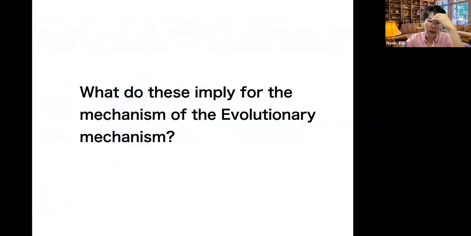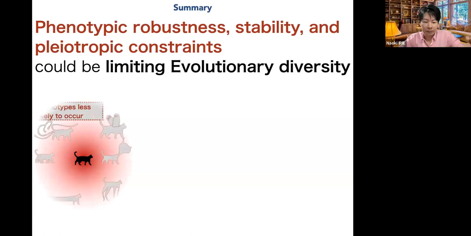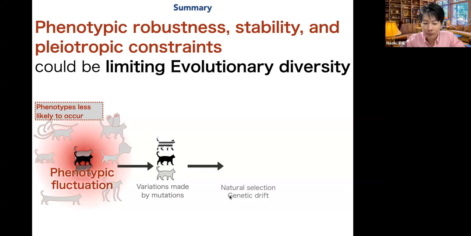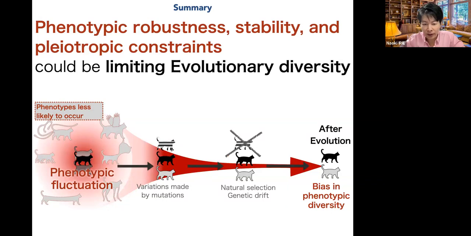And as a whole, how does this imply the mechanism of evolutionary body plan evolution? Sorry. So as I briefly explained in the introductory part, stability or robustness directs the evolutionary outcome, because when you have limited variations, natural selection as a target can only pick up from the variation available. It can never pick up something that is hypothetical or that never existed.